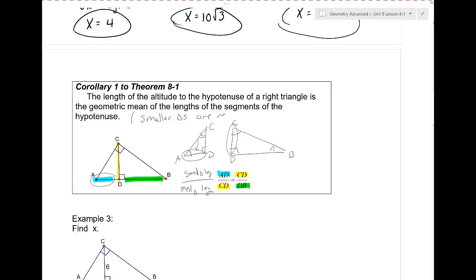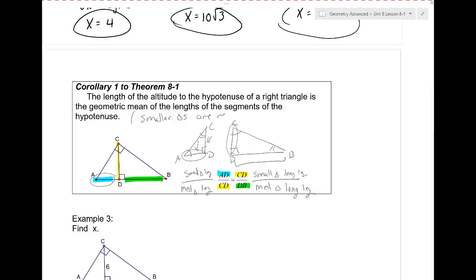It's the small leg of the small triangle to the small leg of the medium triangle, as the longer leg of the small triangle is to the longer leg of the medium triangle. This is how I've said this for years: leg to leg, leg to leg. That's basically the idea.